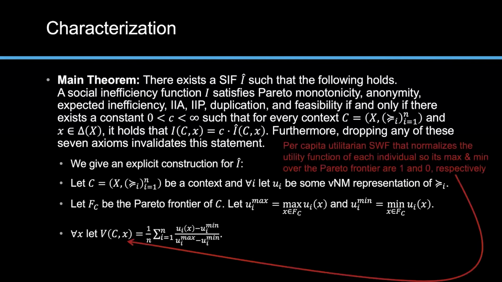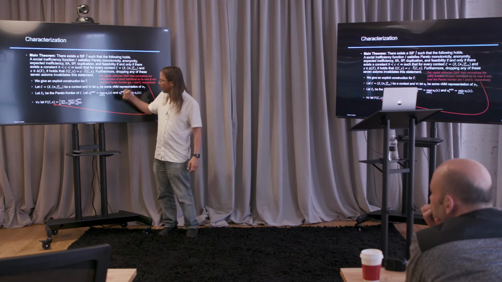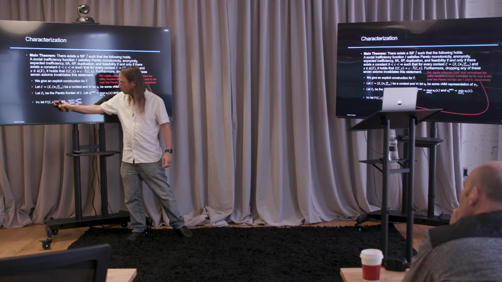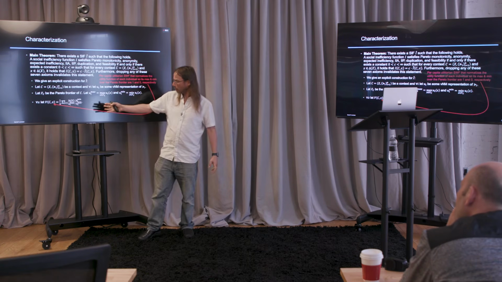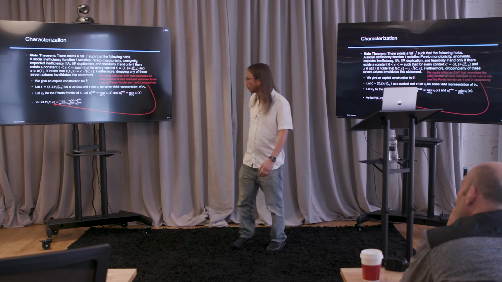This is the per capita, meaning average, sum of normalized utilities, normalized so that each utility number has minimum 0 and maximum 1 along the Pareto frontier. So we normalize each utility function to have minimum 0, maximum 1 along the Pareto frontier, and then this is a social welfare function that is utilitarian. It averages the utilities at the alternative that we're talking about.